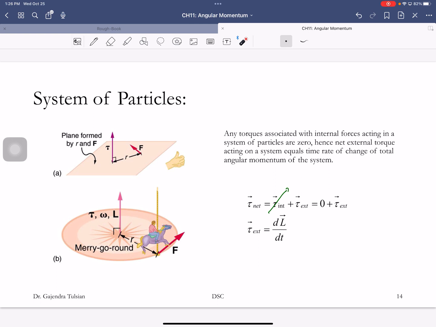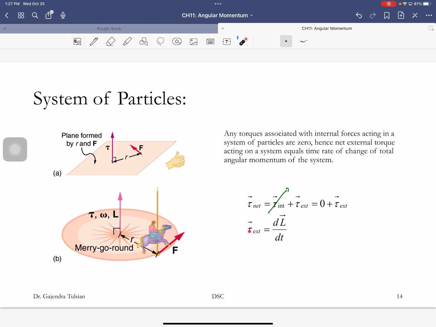Okay, and this is interesting to us because when random forces act on an object, or when you throw a ball, there are drag forces acting on the object, and the torques of those drag forces are always zero. Gravity acts at the center of mass, so if you're calculating torque about an axis passing through the center of mass, that external torque will be zero.